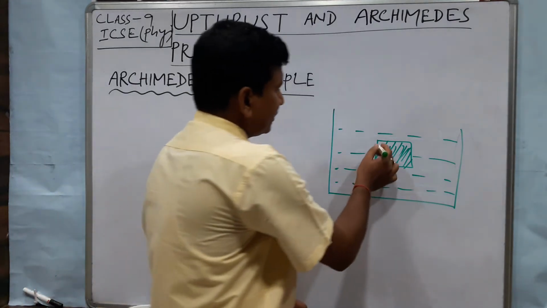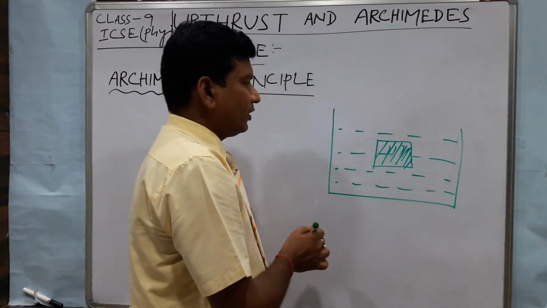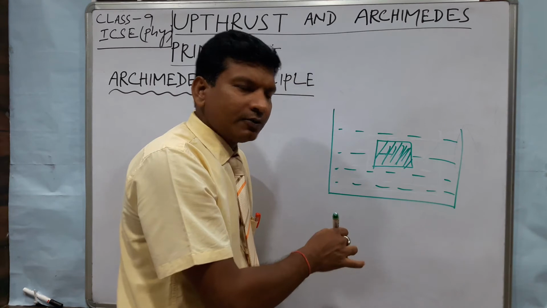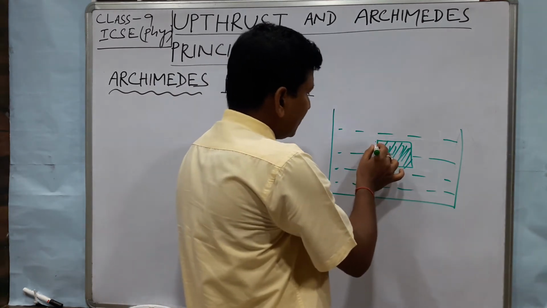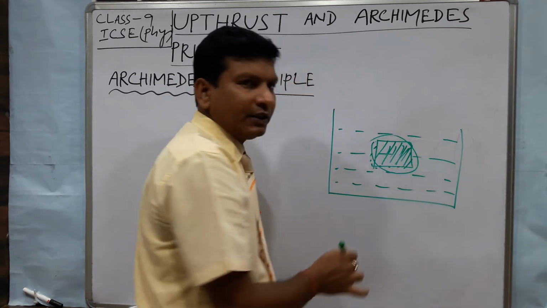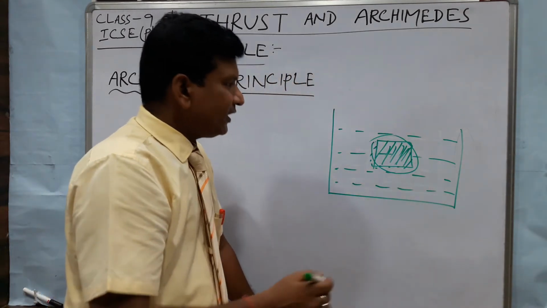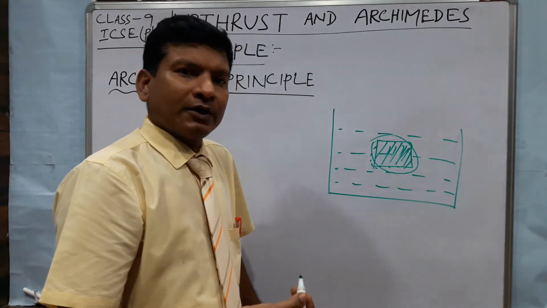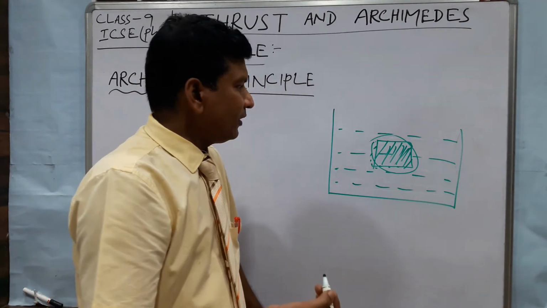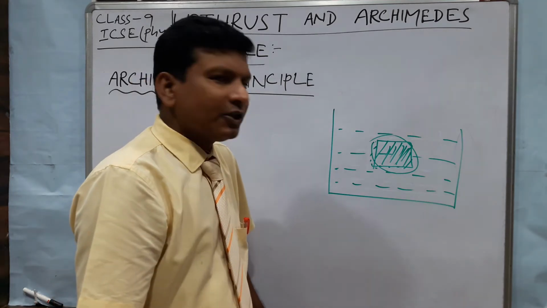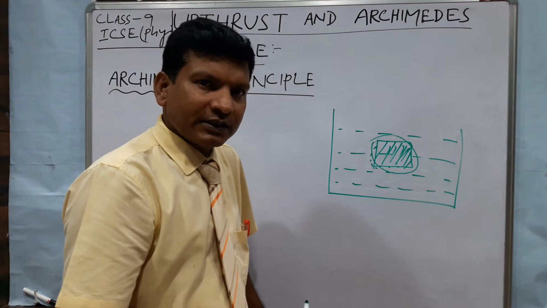Now how much liquid is displaced from here, that is equal to the volume of the submerged part of the body, that means the volume of this entire body, isn't it? If the volume of the body is say 10 ml, then 10 ml of water is displaced. If the volume of the body is 100 centimeter cube, then 100 centimeter cube of water is displaced, isn't it?